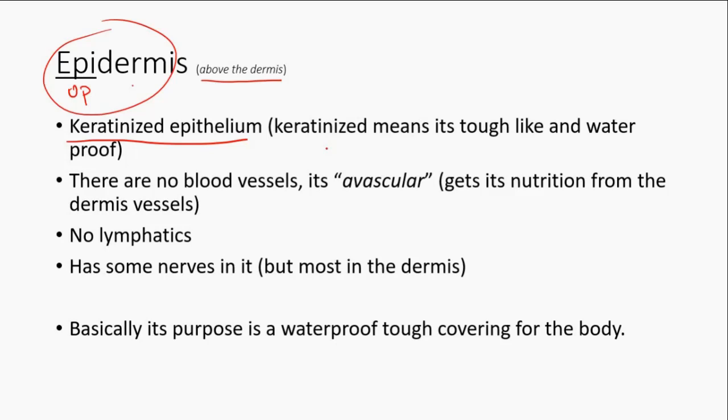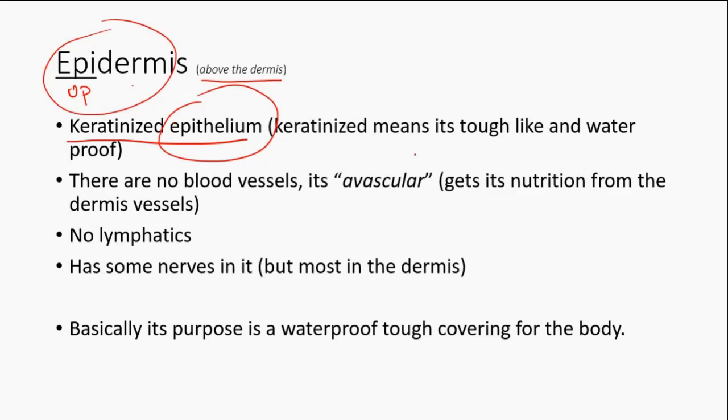So when you hear the word epithelium, you'll probably go over this in more detail in histology, but epithelium, basically your body is made up of cells, right? And then all of the organs in your body, they're made up of cells, right? But they have an outer layer and an inner layer.